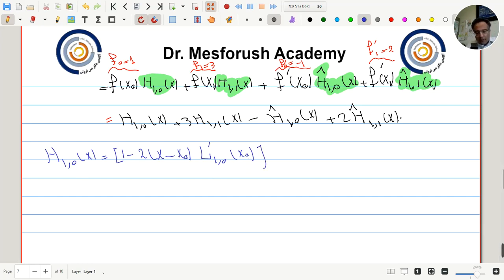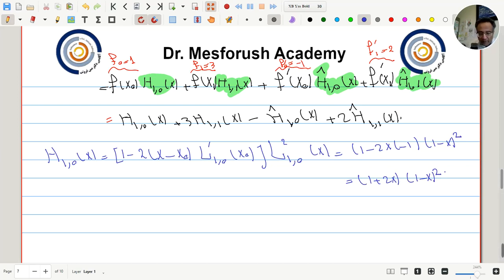This one times L10 squared of x, and this is equal to 1 minus 2x times minus 1 times (1 minus x) squared, and this will be equal to 1 plus 2x times (1 minus x) squared.